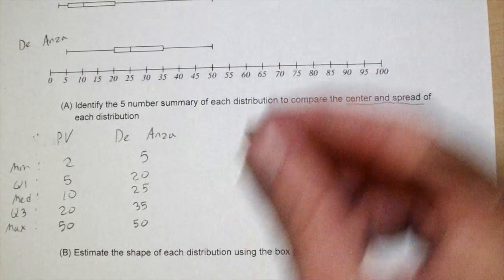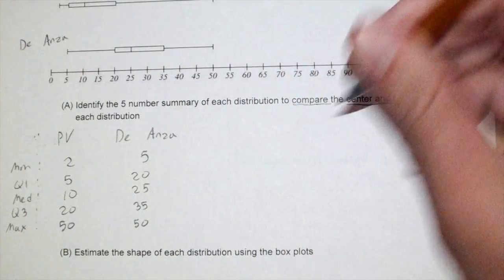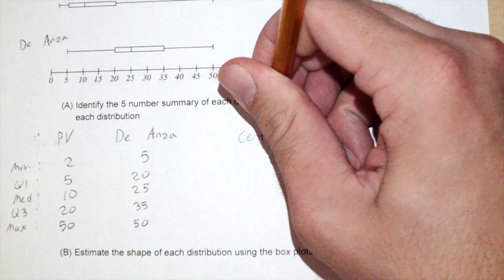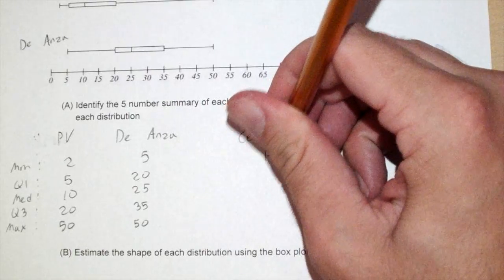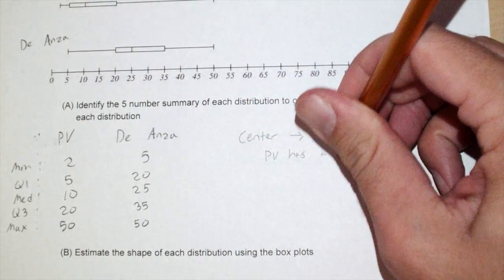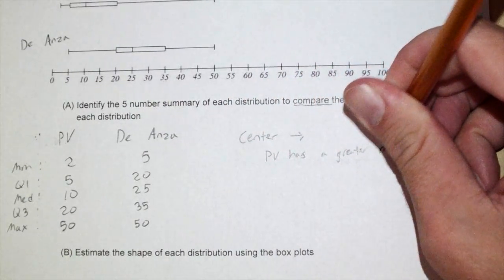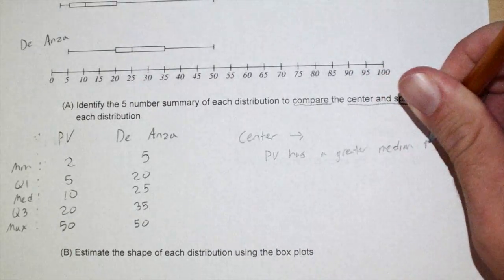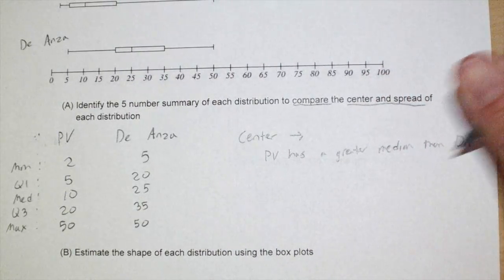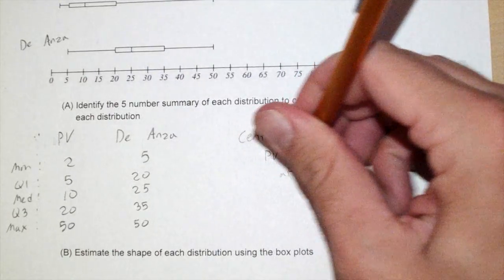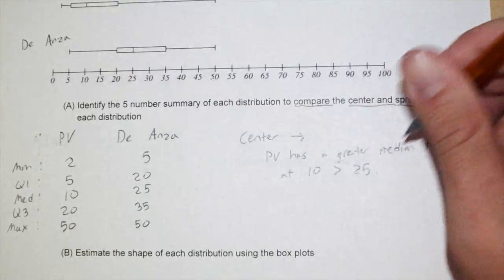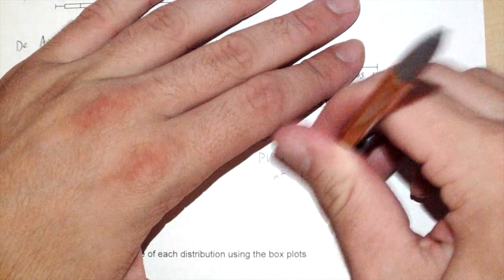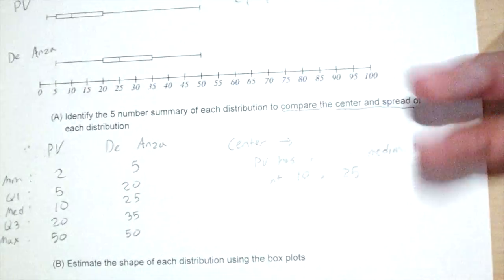So we're trying to compare. And as far as center goes, if we wanted to compare them, we can see that PV has a smaller median at 10, and smaller is better.